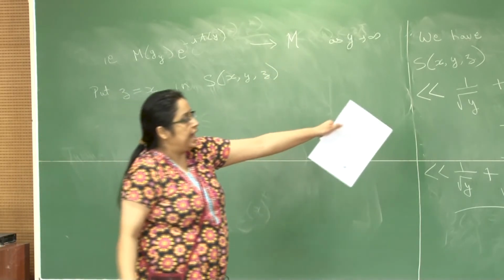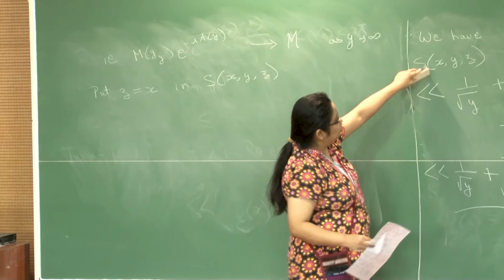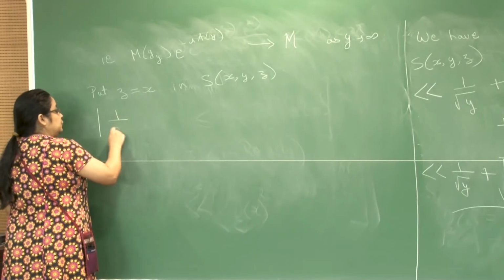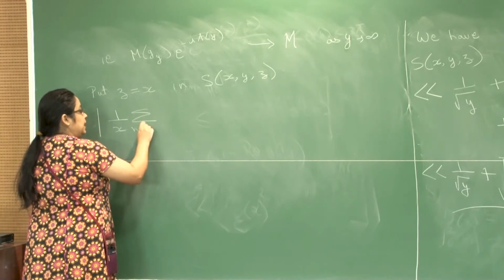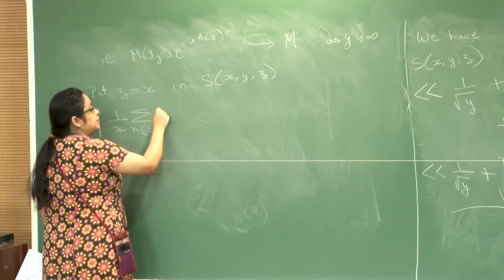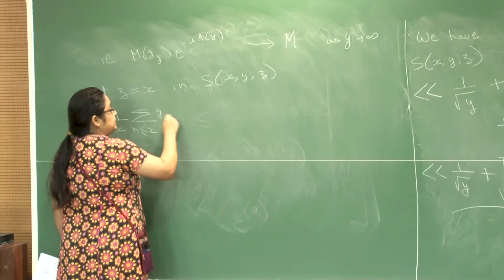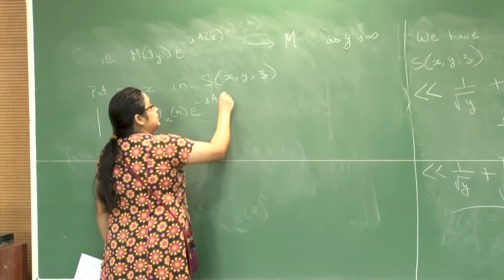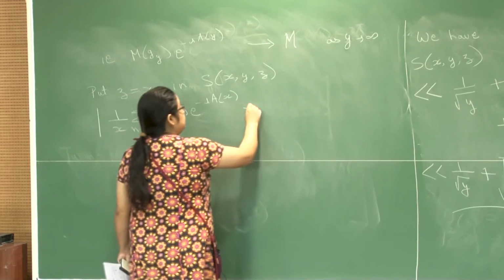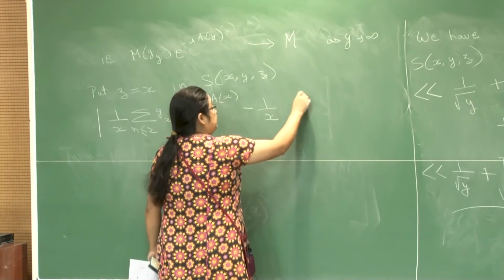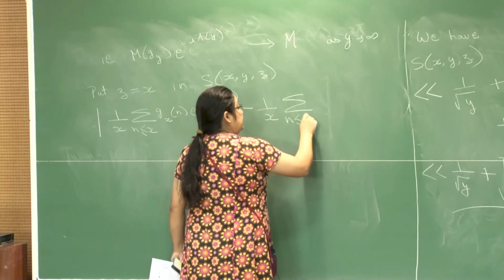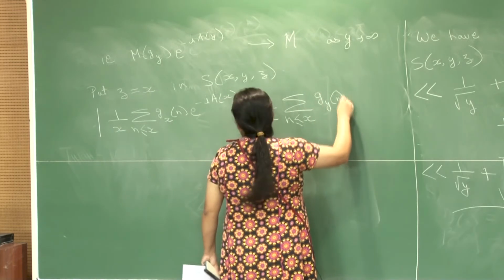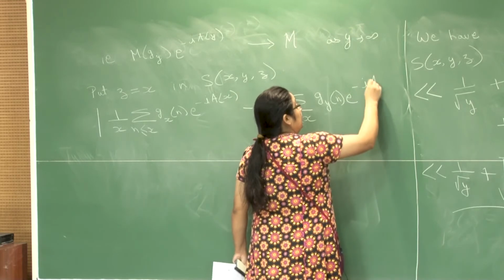Okay, so what we have is this bit over here: the absolute value of 1 over x summation n less than or equal to x, g sub x of n e raised to the minus i a of x, minus 1 over x summation n less than or equal to x, g sub y of n e raised to the minus a of y.